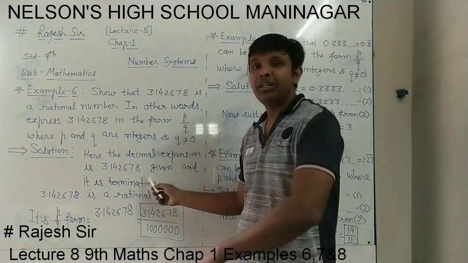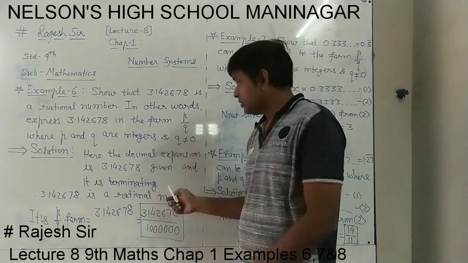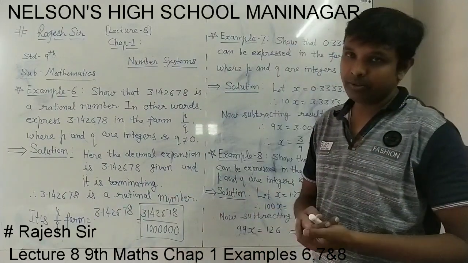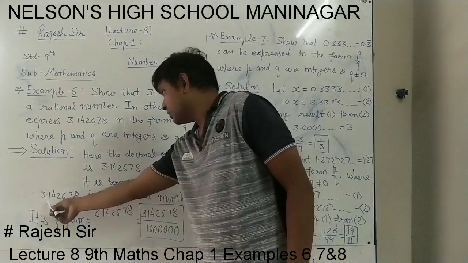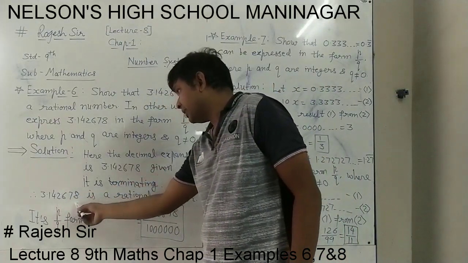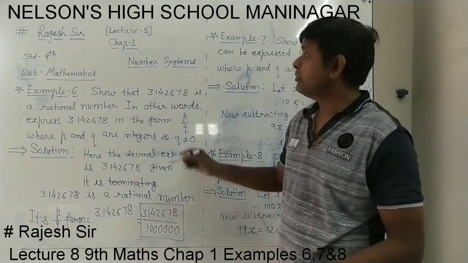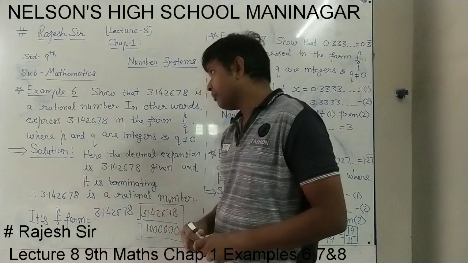When the decimal expansion of a number has some end, it is called terminating, and terminating will always be a rational number. So this given number 3.142678 is terminating, therefore it is a rational number. This way we have shown that this number is a rational number.